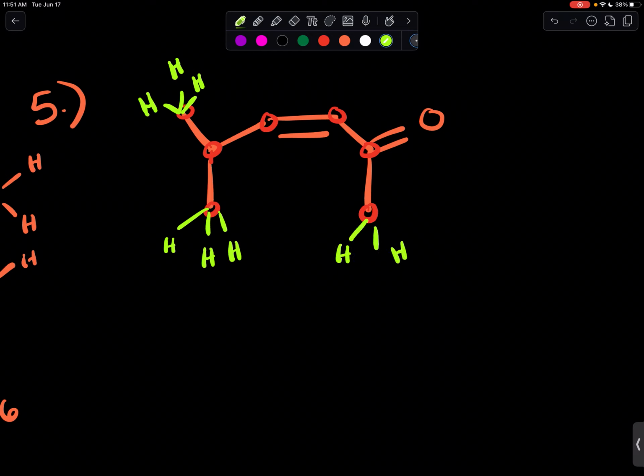Now, it did say that this carbon already has its 4, so there's no hydrogens here. A carbon that has a double bond attached with another bond just needs 1. And the other carbon is the same as the one previous, and that's it. And this has a lone pair.